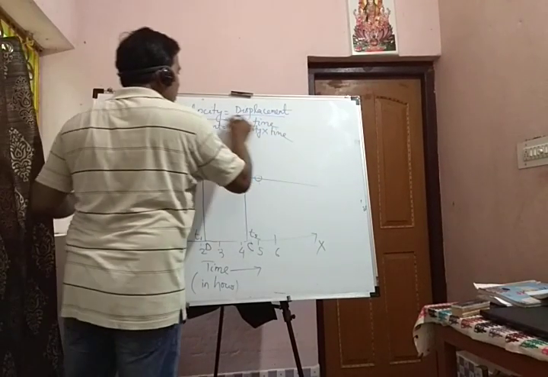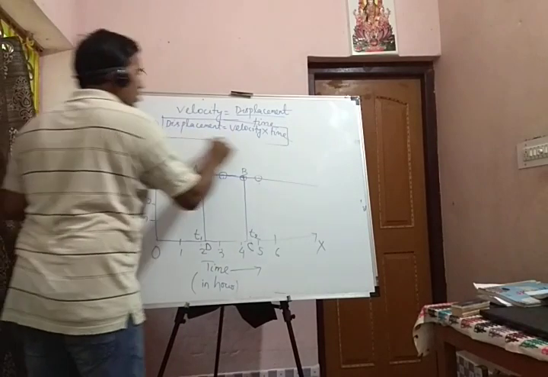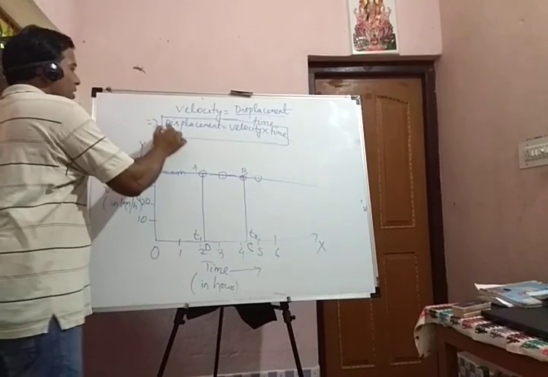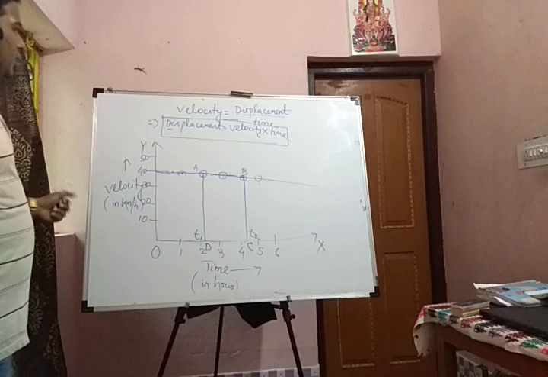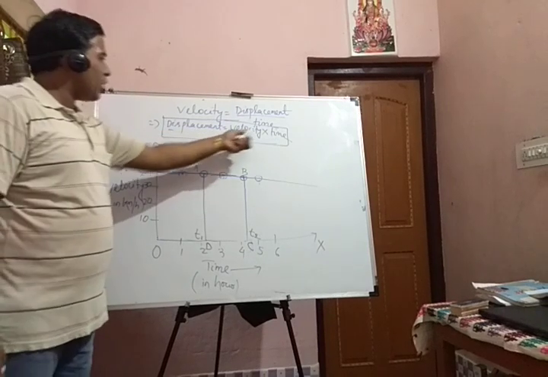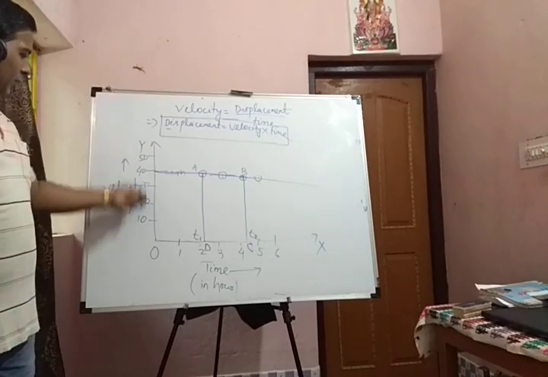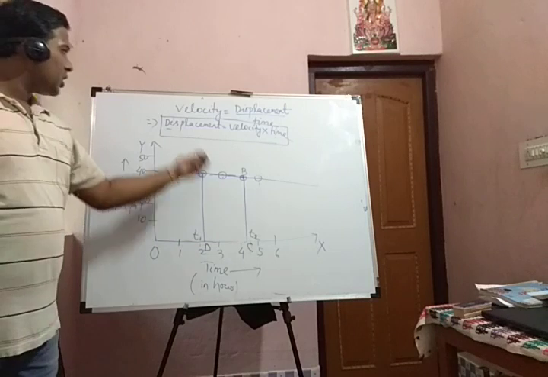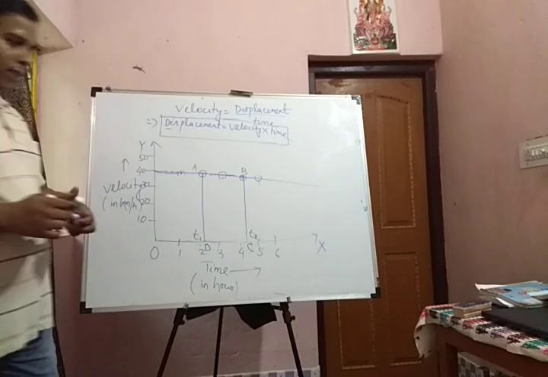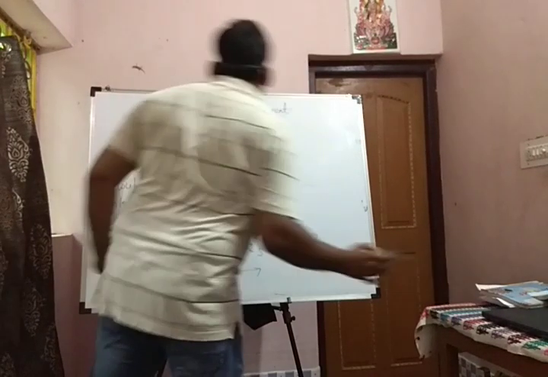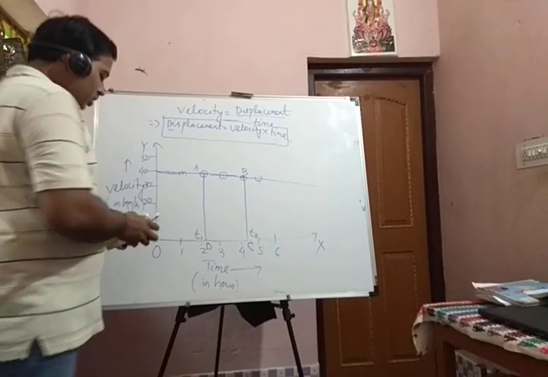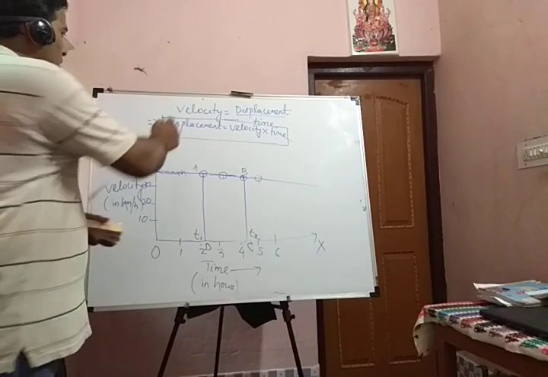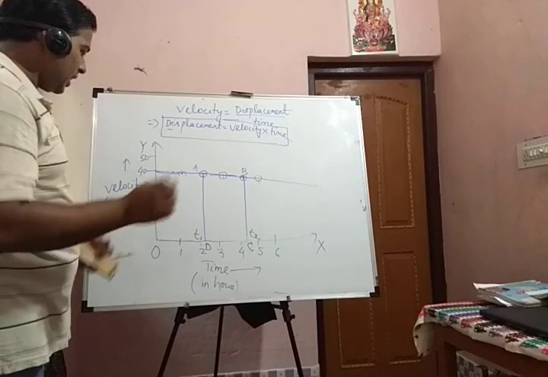From this graph, by multiplying velocity with time, we can calculate the displacement of the object. Here the velocity is given, here the time is given. Let us see how we can calculate the displacement by multiplying velocity and time.